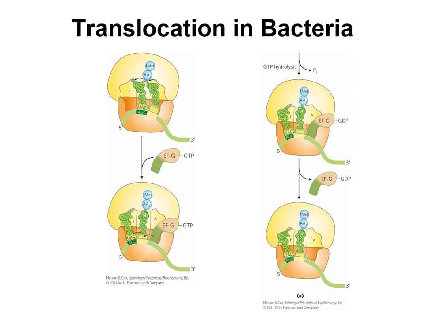It hydrolyzes GTP, and after that, it has GDP bound, and it leaves. And that makes the A site available for a new tRNA.